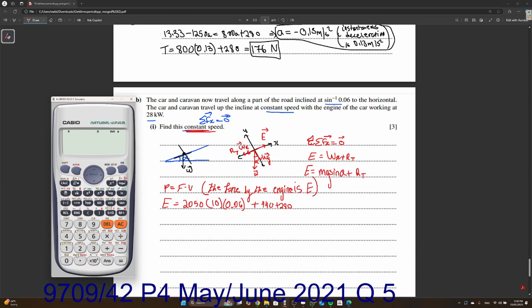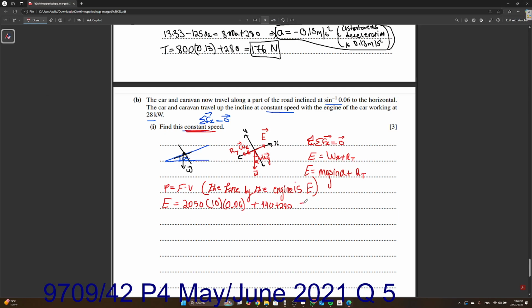Let's check. 2050 times 10 times 0.06 plus 440 plus 280. You should get 1950. We know P is equal to FV, so the power given, 28,000, is equal to 1950 V. So V is equal to 28,000 over 1950.